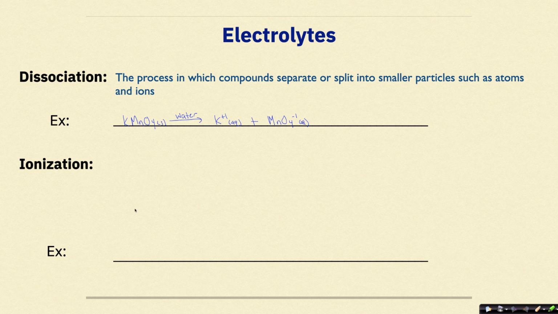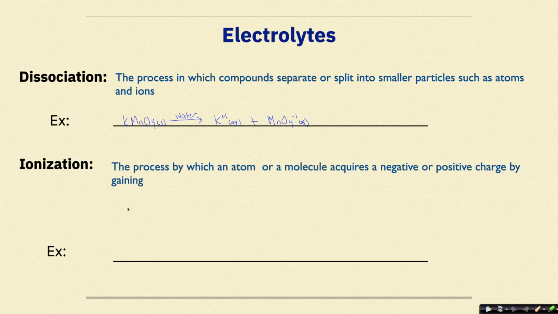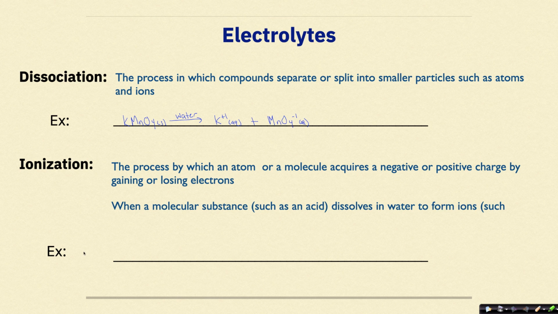This differs from ionization. Ionization is the process by which an atom or a molecule acquires a negative or a positive charge by gaining or losing electrons. Ionization can also be defined as when a molecular substance, such as an acid, dissolves in water to form ions, such as a hydrogen ion and an anion.